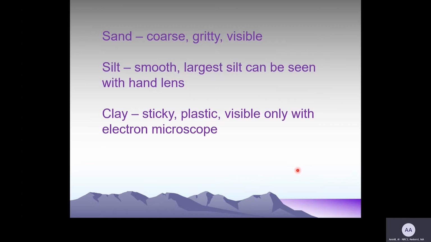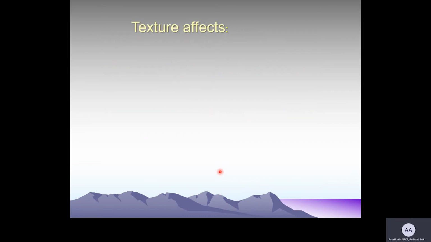Clays have very specific properties. They're extremely sticky and very plastic, by that meaning that they will hold their shape. You can take a soil with a high clay content, roll it on a table, and it gets smaller and smaller and smaller and still holds together. So again, very sticky, very plastic material.